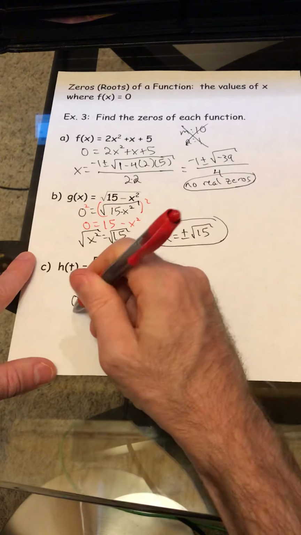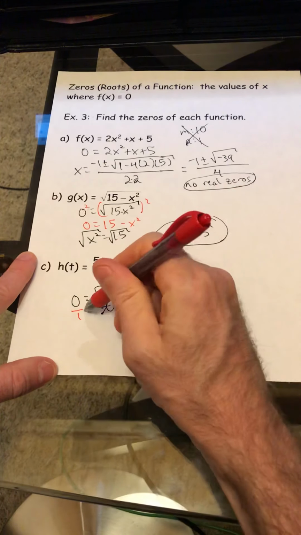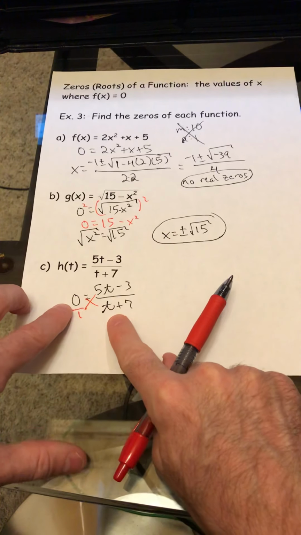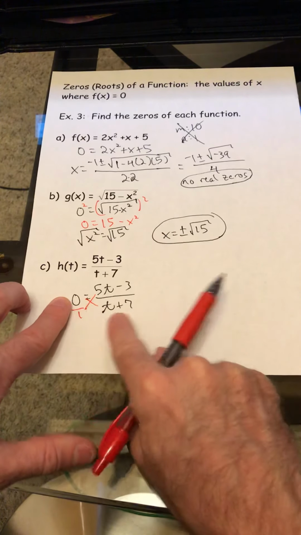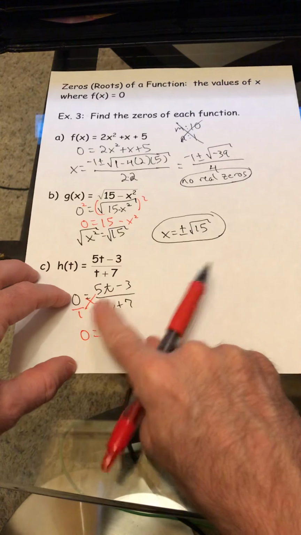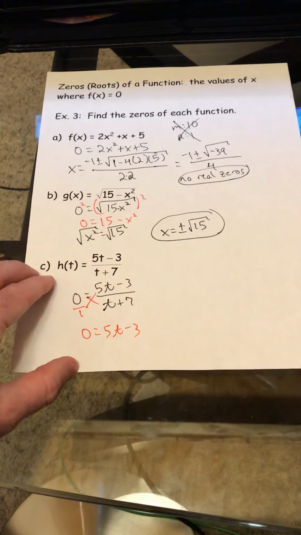If you wanted, you could even put 0 over 1 and cross multiply, just another way to show you how that works. If we cross multiply, 0 times t plus 7 remains 0, and 1 times the 5t minus 3 equals 5t minus 3.